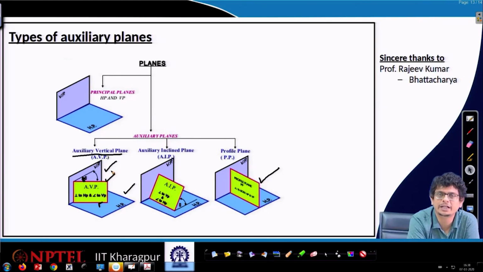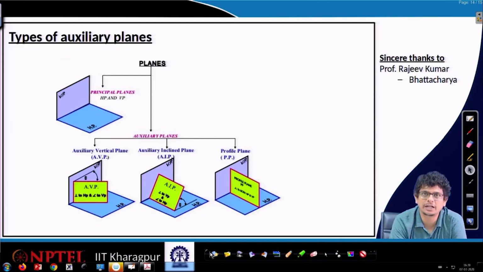Only then can we take these projections. Once we take these projections, we flip this auxiliary vertical plane in line with this inclination angle. We can rotate about this, so that the projected view can be taken.